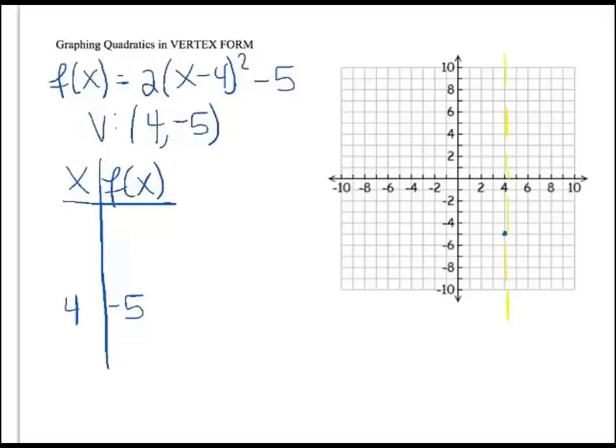The great thing is that if I pick the value 3 for x, if I substitute that in, that's going to give me the same y value as if I were to substitute in 5, because our graph's symmetrical. Same thing for 2 and 6. So let's think. If I plug in 3, I get 3 minus 4, which is negative 1, squared is 1, times 2 is 2, minus 5 is negative 3.